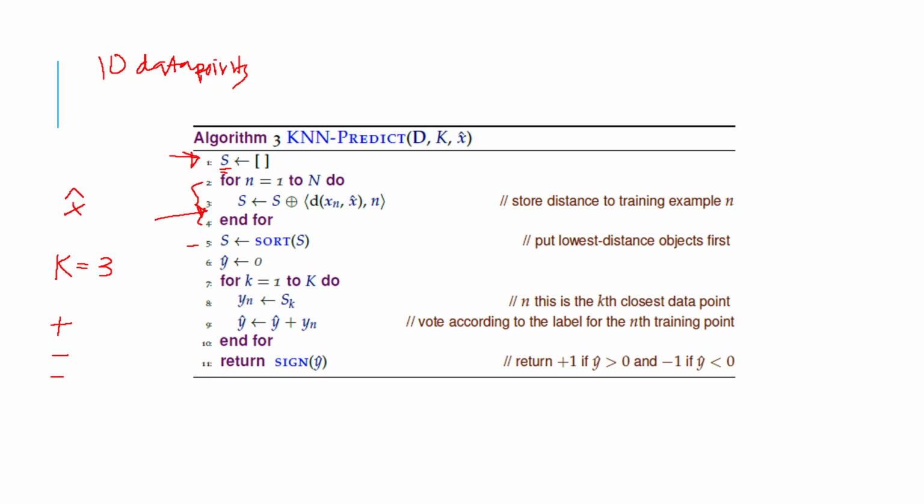So we have a positive, a negative, and another negative. So that's our 3 nearest neighbors.